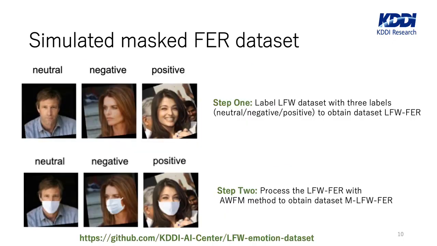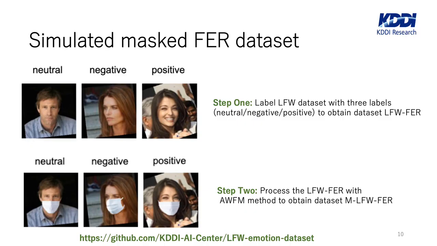To train our FER model, we process an existing FER dataset using the proposed method. The FER dataset is a very famous one named LFW, which means Labeled Faces in the Wild. This time, we are not using the 6 or 7 basic expressions dataset. For step 1, we label the LFW dataset with 3 labels: neutral, negative, and positive, to obtain a dataset LFW-FER.